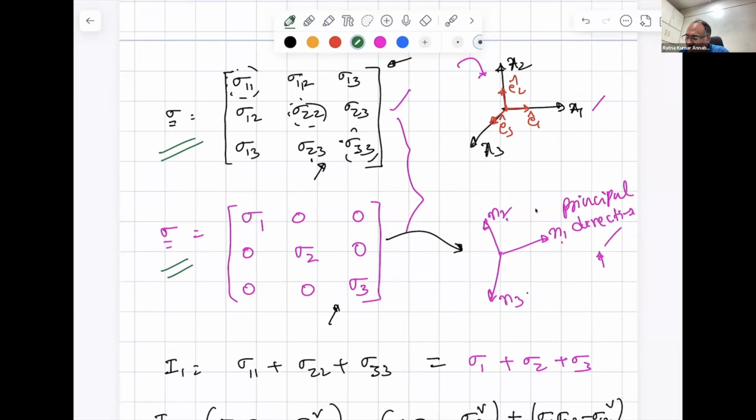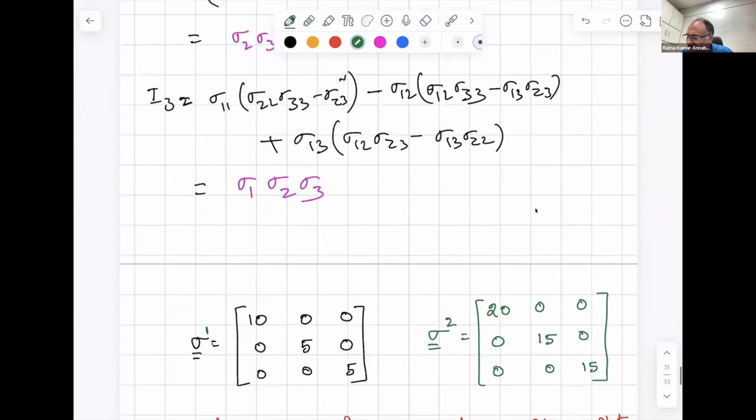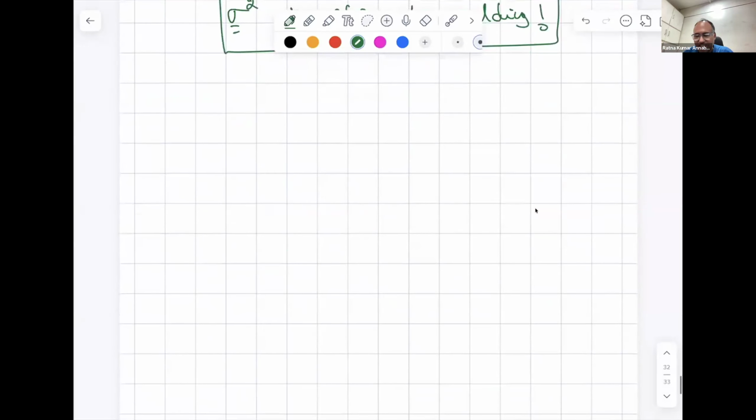Typically, the failure theories are expressed in the principal frame of reference because you only have to deal with 3 numbers versus 6 numbers. It is exactly the same state of stress, written in a different coordinate frame of reference. Hence, usually the failure theories are written in principal stress space. There is no reason other than that it is much easier to deal with fewer numbers. Is that clear?